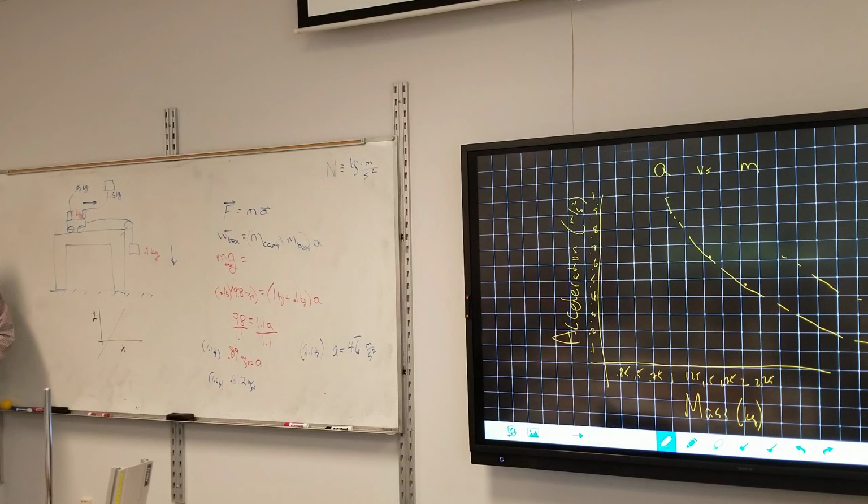So I want to solve for a. A is force divided by mass. But it's still not quite in that form because I have mass over there, so a is equal to the force times 1 over mass.